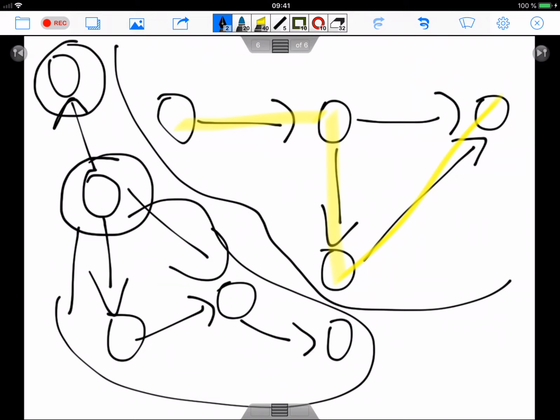But it's not possible to go from one to the other. So once you reach vertex A, you can go to one part or to the other, but you cannot go to both. Okay, so you cannot use all the different vertices in the graph.